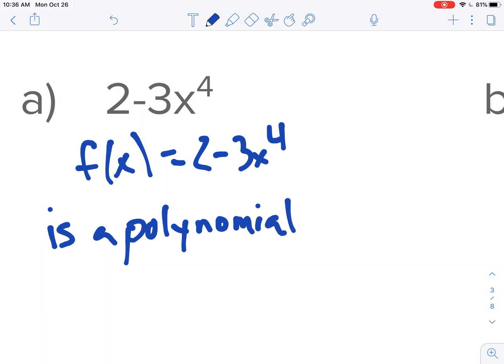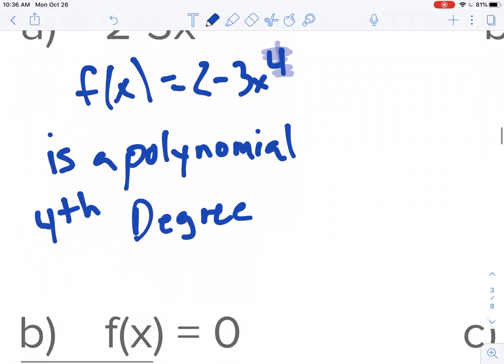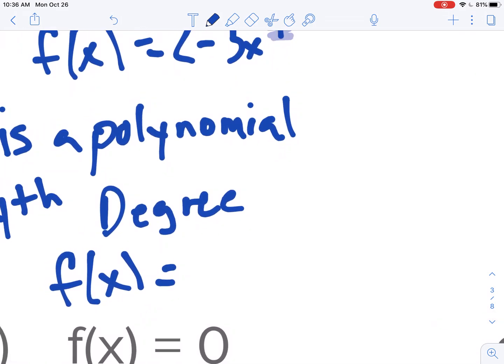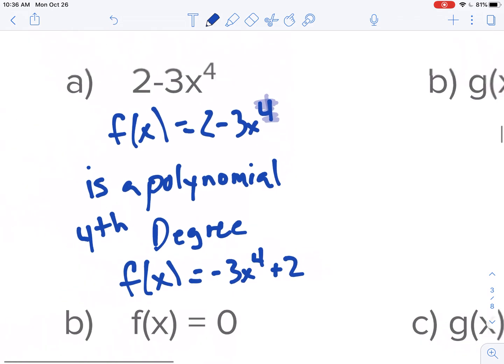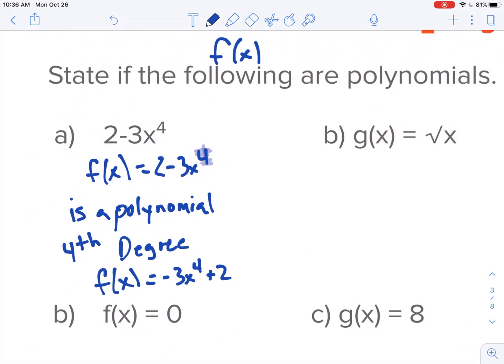So that checks out. And it's a fourth degree polynomial because I'm raising x to the fourth power. Technically speaking, I'm not going to make you do this quite yet, but this polynomial is actually negative 3x to the fourth plus 2. I need to put it in that descending order. That's the standard form here.